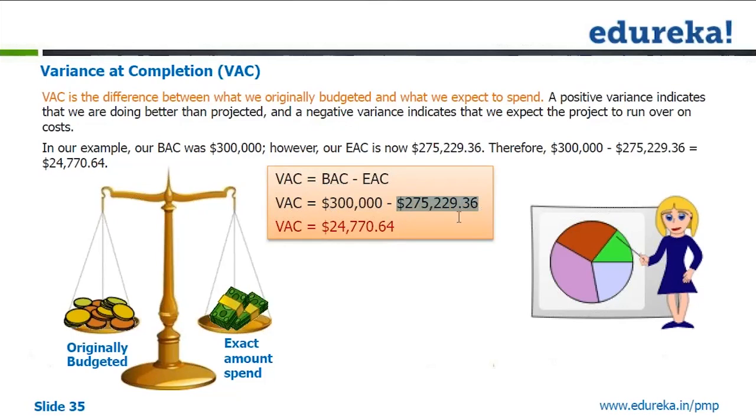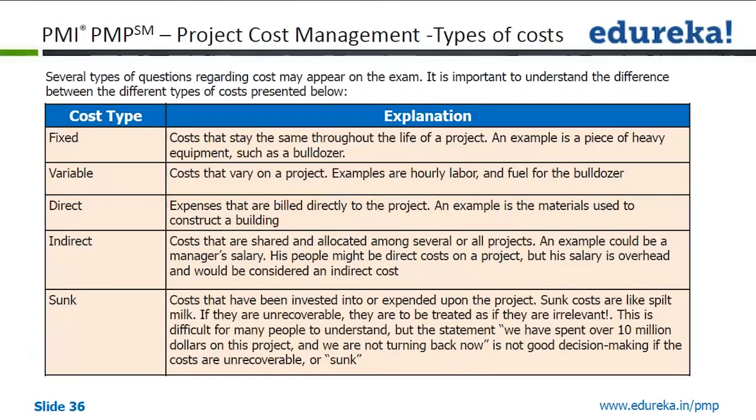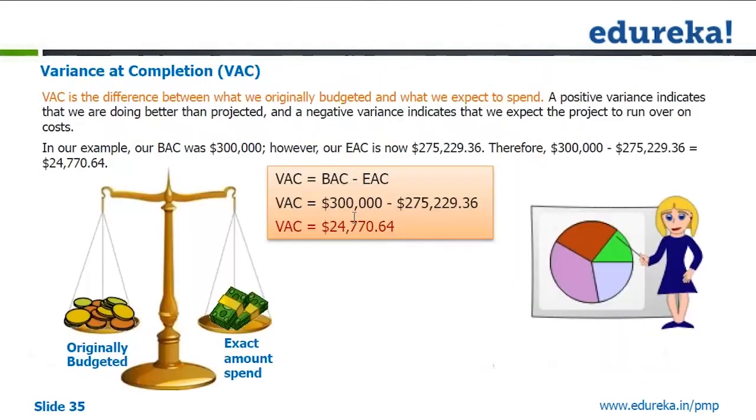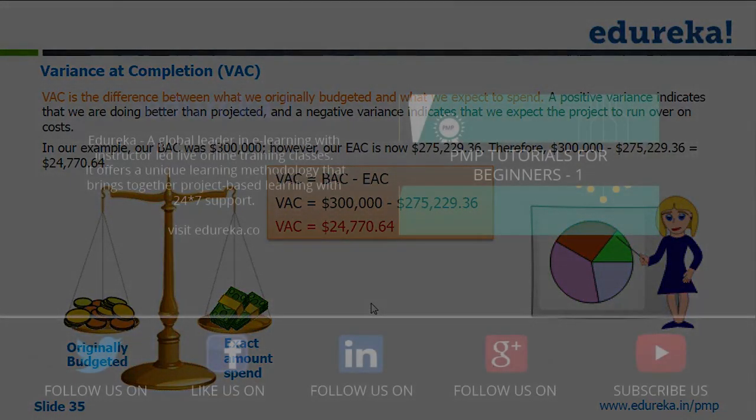So there is a $24,770.64 benefit that we will get by doing this. So if it is not important for you to meet the schedule, you are doing good. But if the deadline, the schedule, is important enough, then just looking at the cost will not help. It is not going to be good for you.